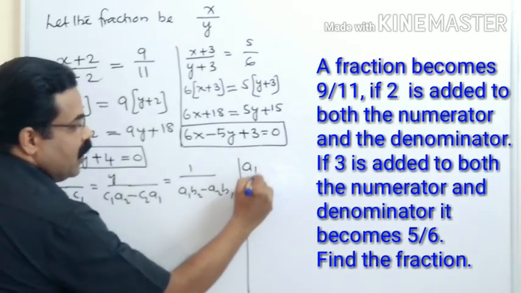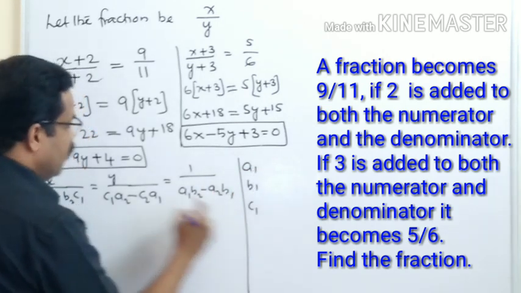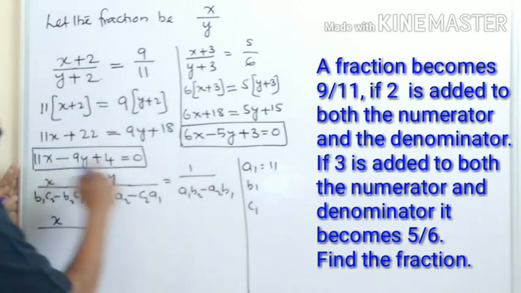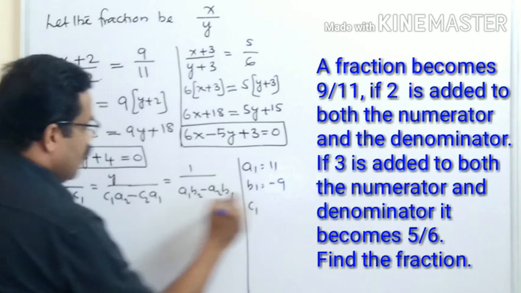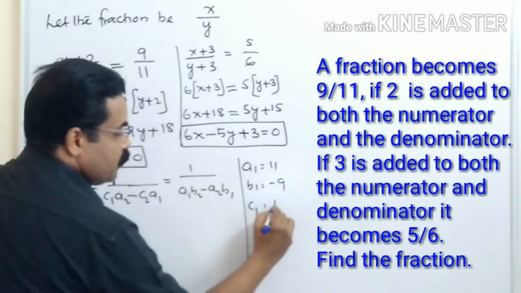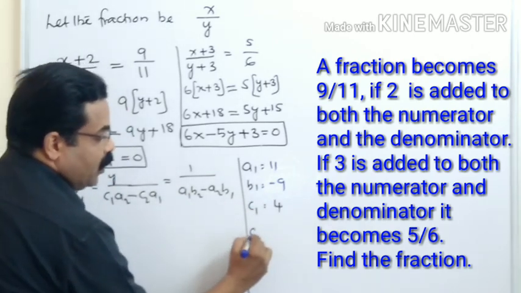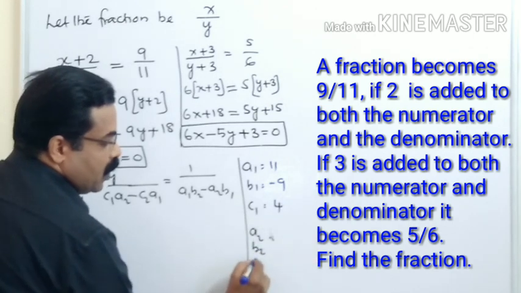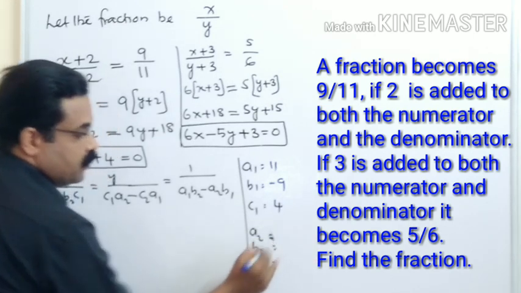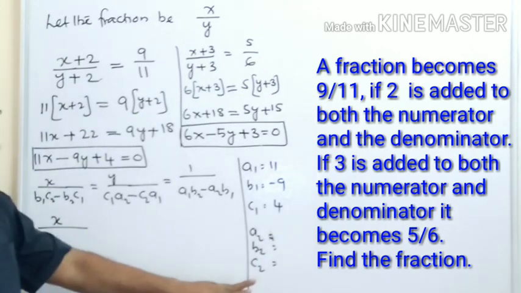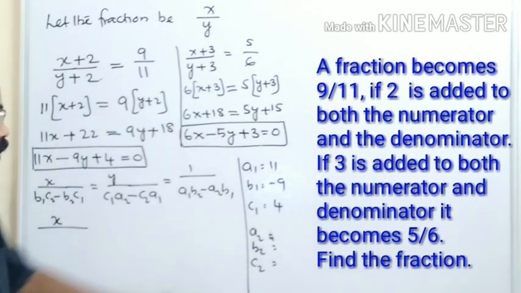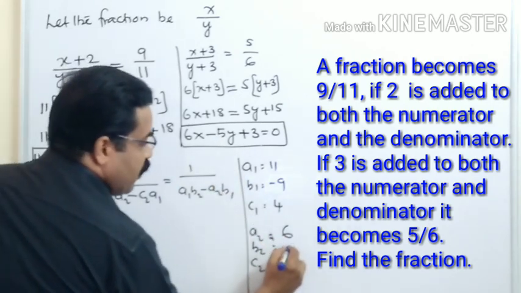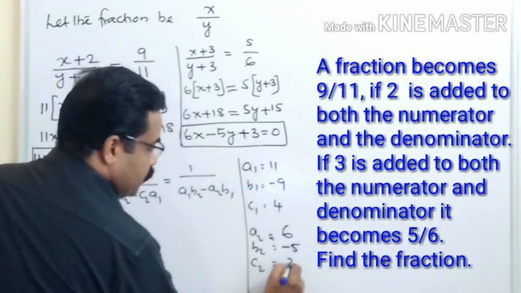We have a1 b1 c1, a1 is equal to 11, b1 is equal to minus 9 and c1 is equal to 4, and we have a2 b2 and c2. What is a2? 6, b2 minus 5 and 3.